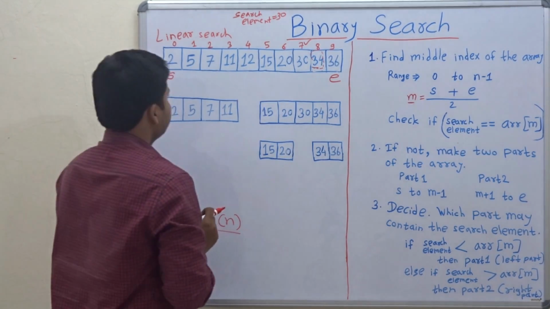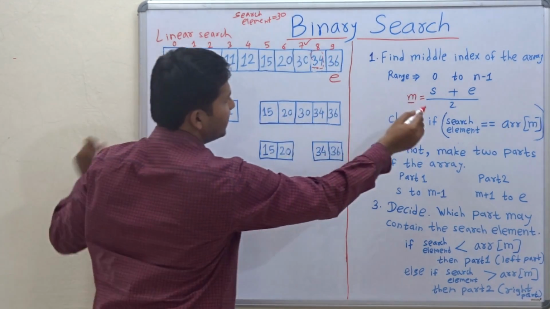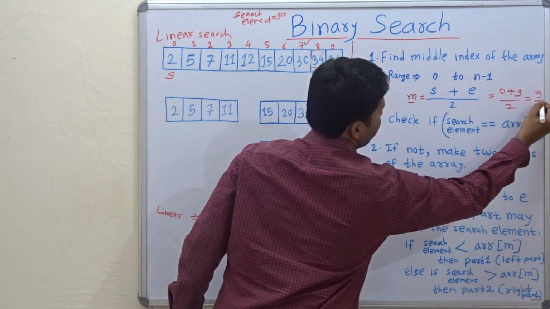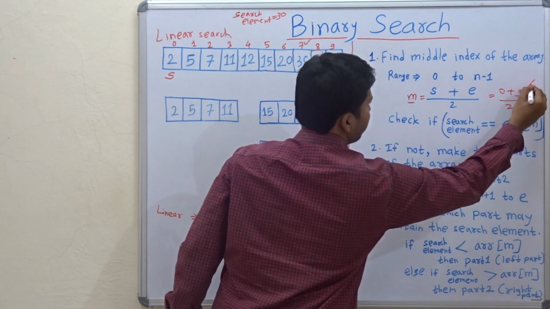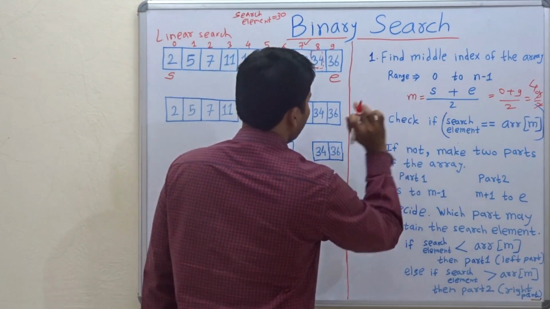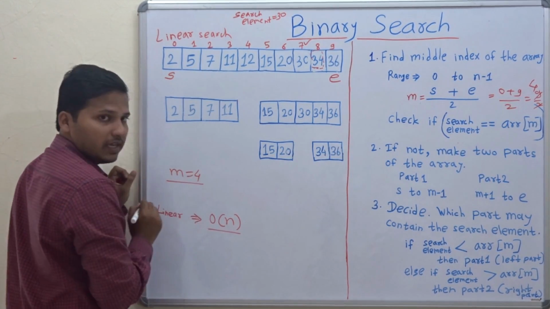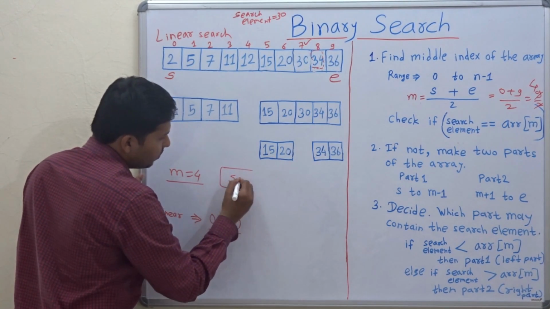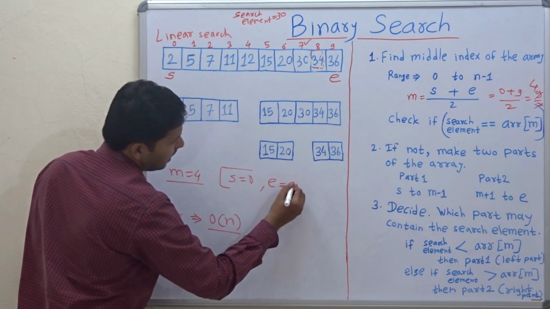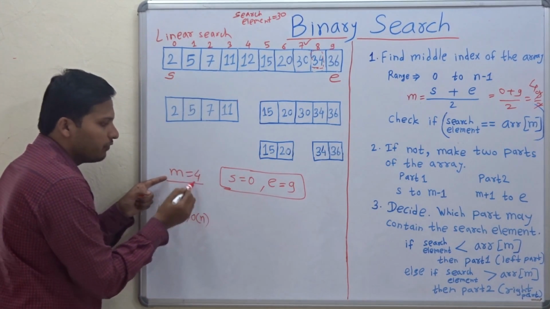Now (s plus e) by 2: 0 plus 9 by 2, that is 9 by 2. 9 by 2 is 4, the integer answer is 4. So the value of m here is 4. Okay, and as you know s is equal to 0 and e is equal to 9, and the middle element index is 4.